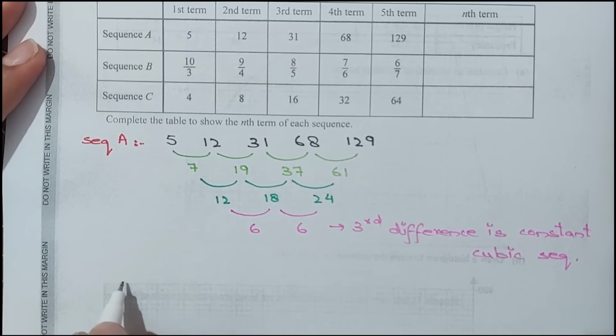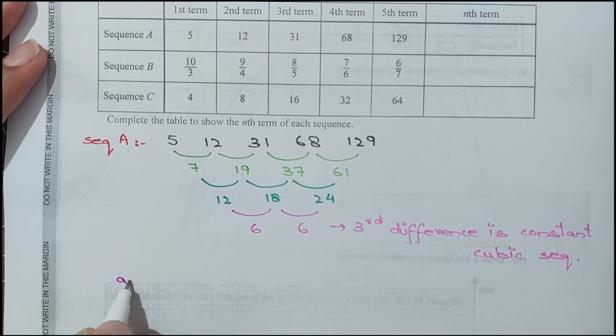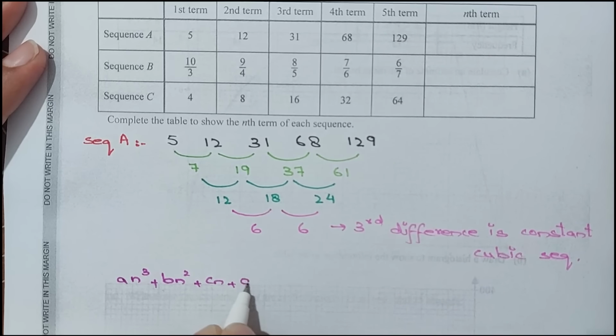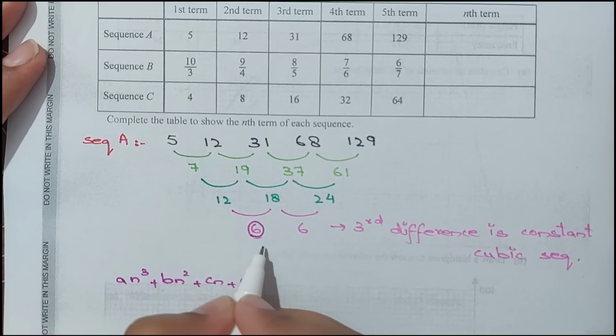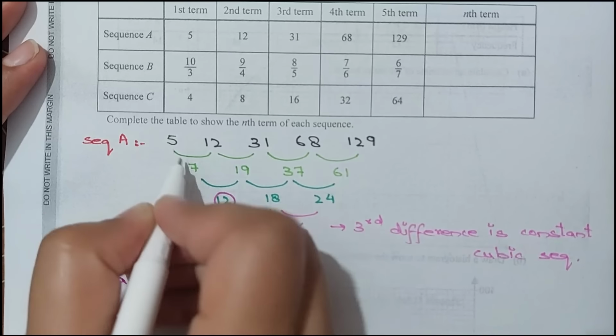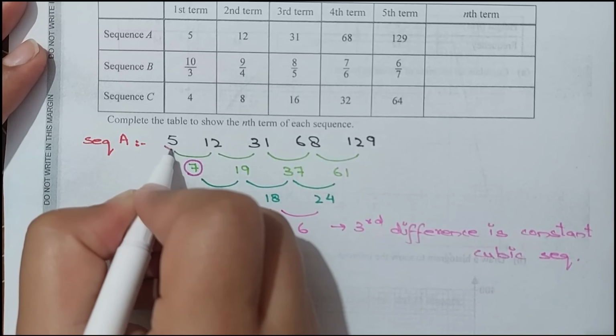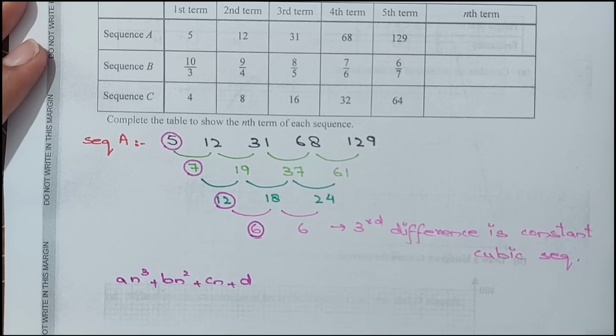So a cubic sequence has a formula, if we talk about n, the nth term, a n cube plus b n square plus c n plus d. This would be the cubic sequence, right? Now what is a, b, c, and d? So we need these: the first term of third difference, first term of second difference, first term of first difference, and the first term of the sequence, right?